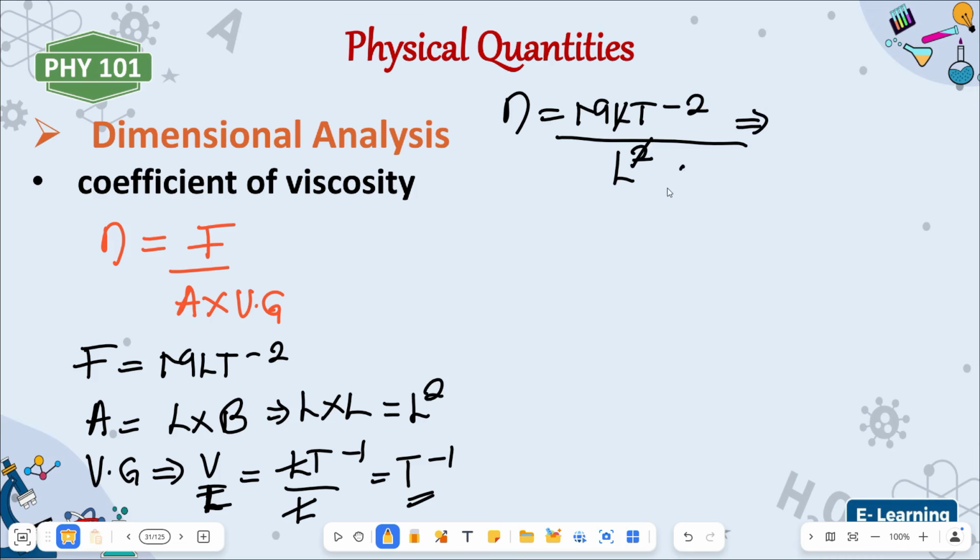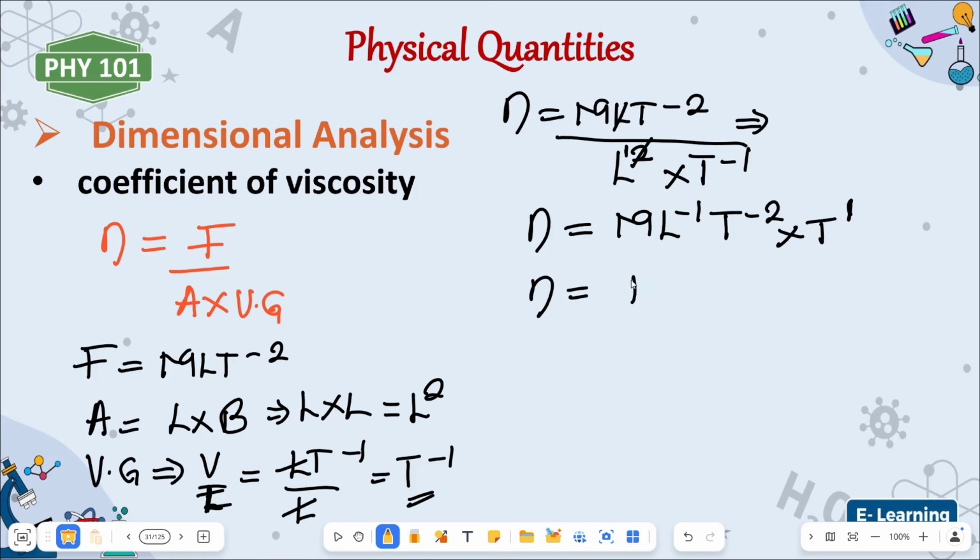Okay, that is area times velocity gradient. We still have velocity gradient, which is T minus 1. All right. So we are left with one L under here. So at the end of the day, this will be equal to M. This L will be raised to the power of 1. If it crosses up, it becomes L minus 1. Then we'll have T minus 2 times. If this one crosses up, it becomes T to the power of 1.